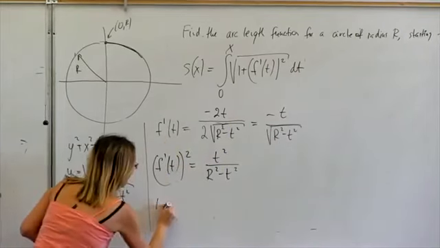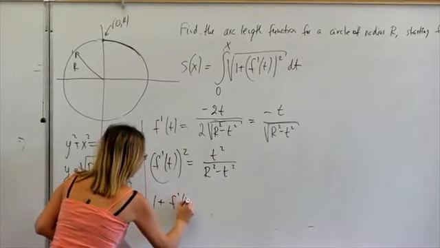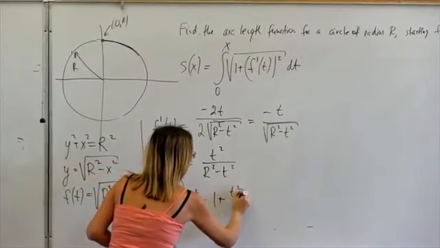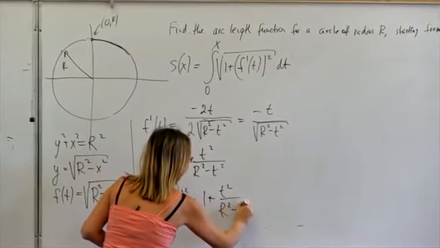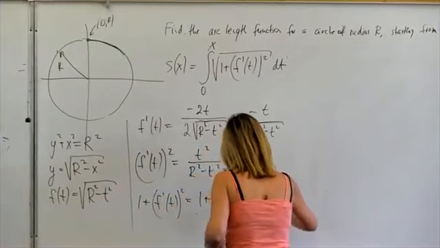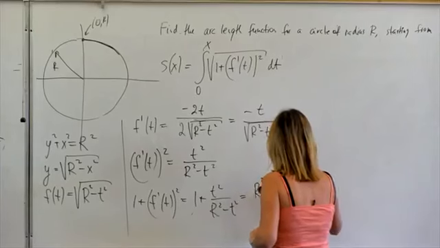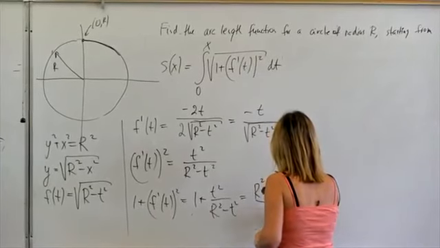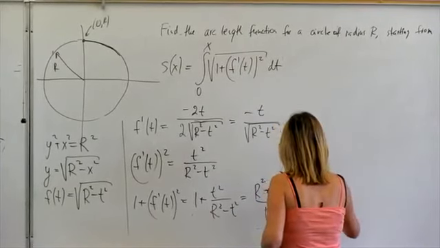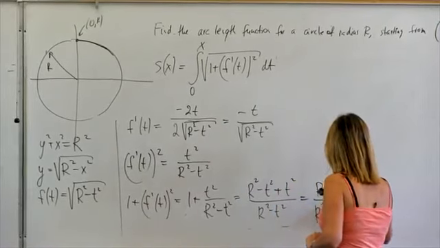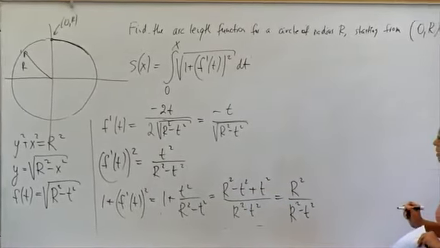Next step is 1 plus this, so I have to add 1 to this expression. R squared minus t squared plus t squared, divided by this. So I get r squared over r squared minus t squared. Everything simplifies quite nicely at each step almost.